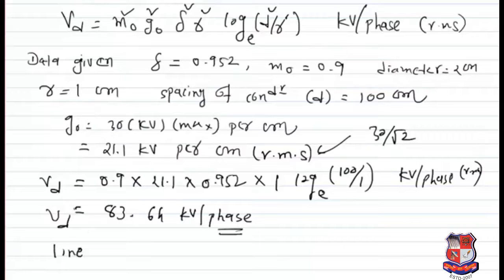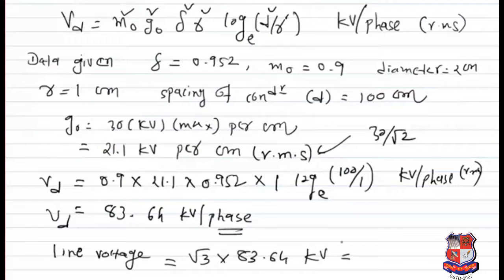Line voltage is equal to root 3 multiply 83.64 kilovolt, and that answer is 144.8 kilovolt, right?